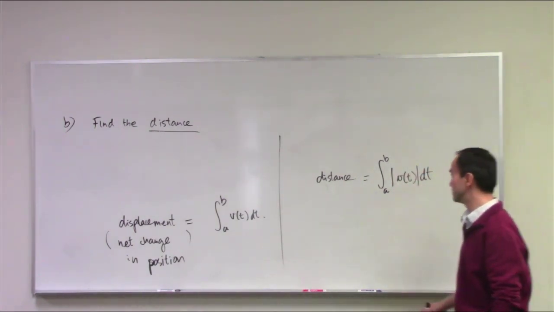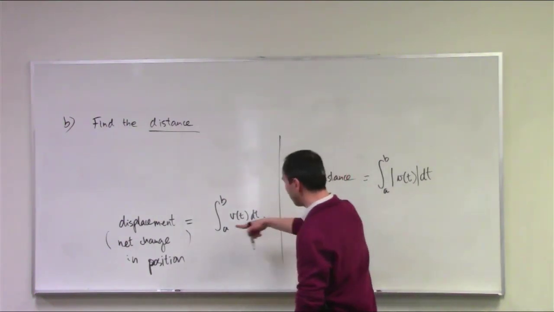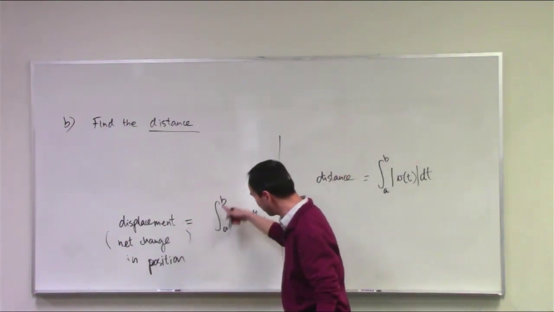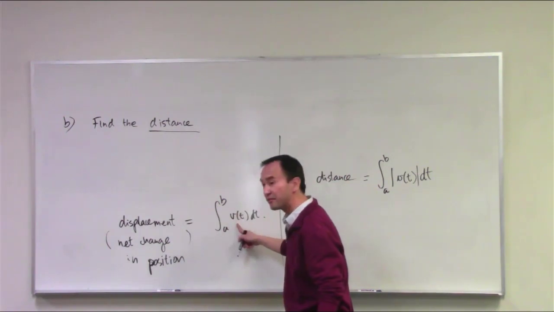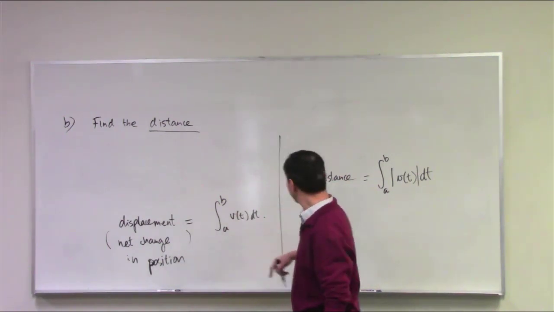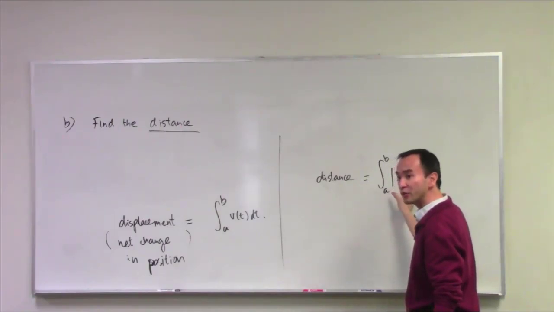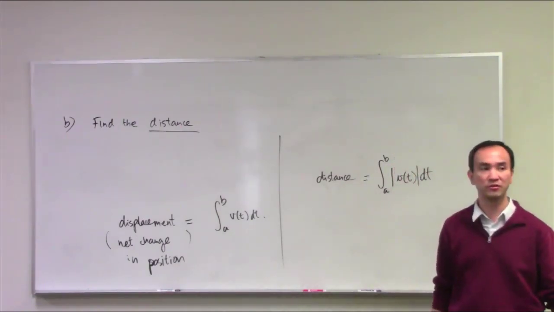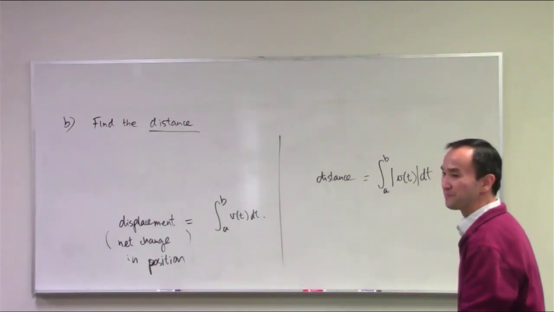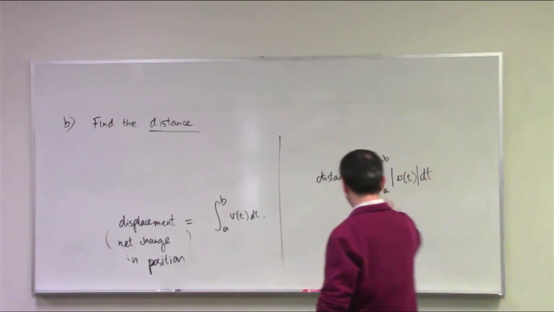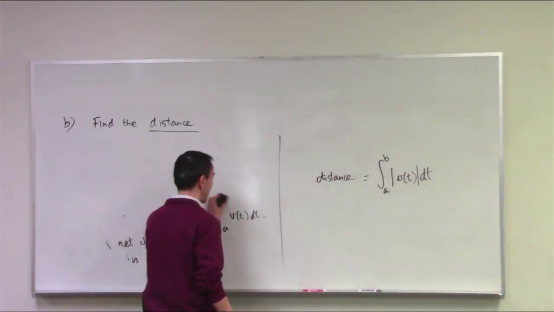So that's the major difference between the two formulas. To get displacement, we just find a definite integral of your given velocity function. But for distance, you have to take the definite integral of the absolute value of the velocity function.